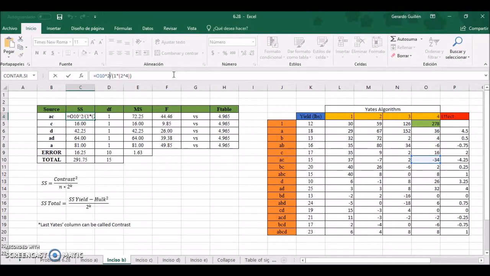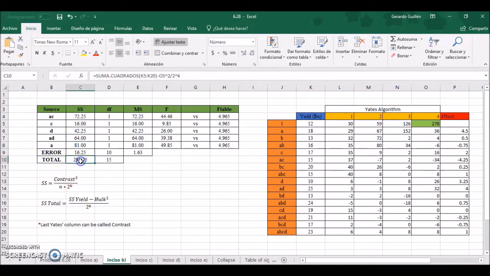The k is 4 because we are doing a design with four factors. We are going to do the same for every single contrast of each source. For example, for the C, we pick the 16, raise it to the second power, and divide it by 1 times 2 to the fourth. And so on with the D, the AD, and the A.